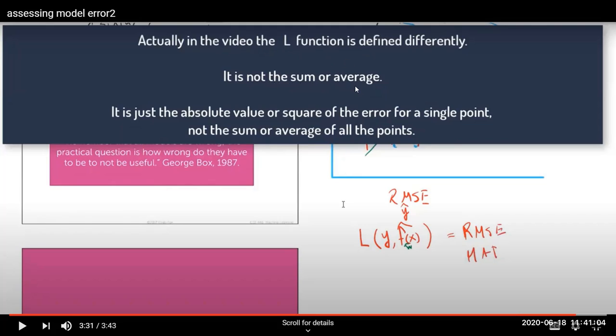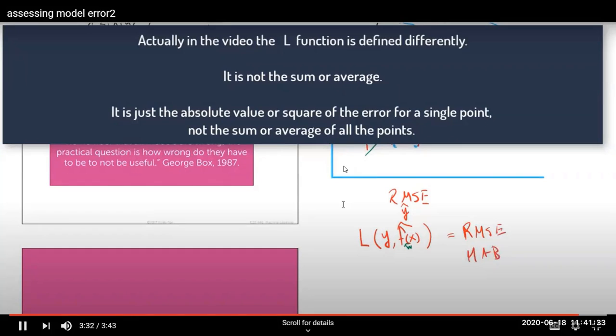It's not the sum or the average. It's just the absolute value or the square of the error, so it's either SE or AD, for a single point, not for all the points. If you want to do it for all the points, you have to take the mean of this. This is just for a single point.